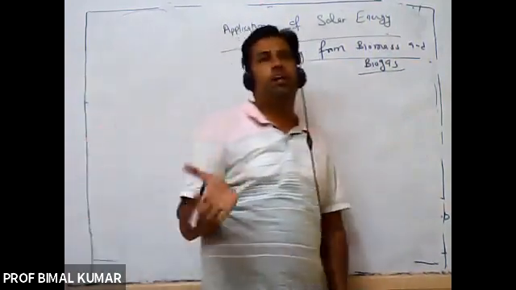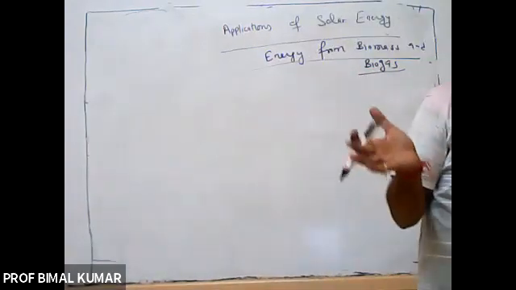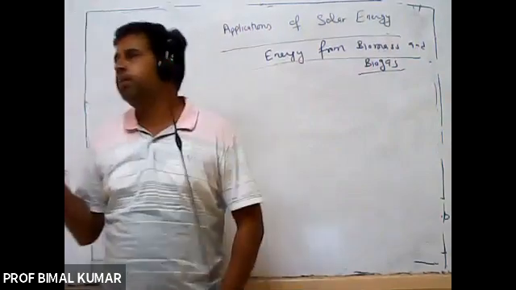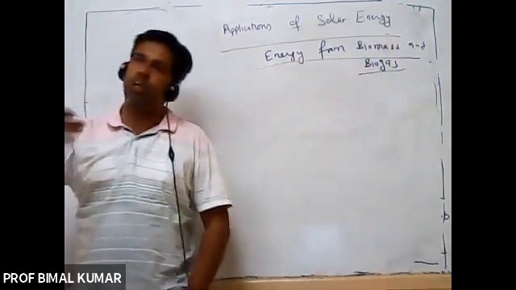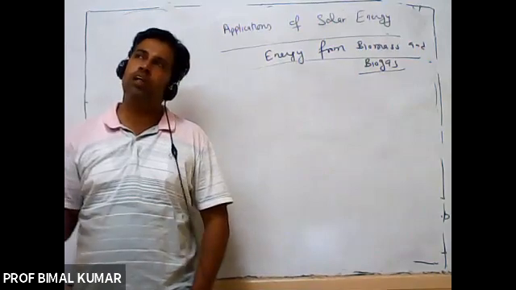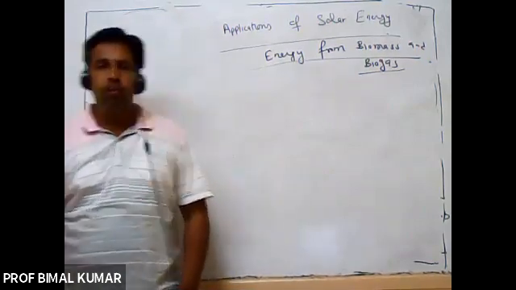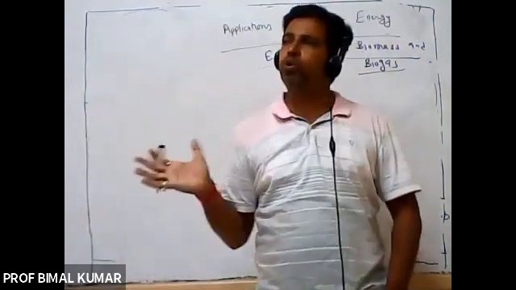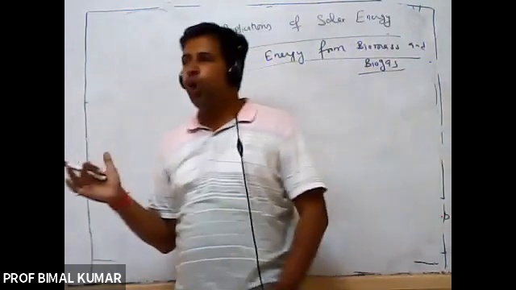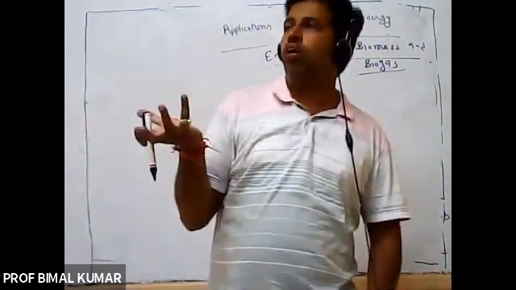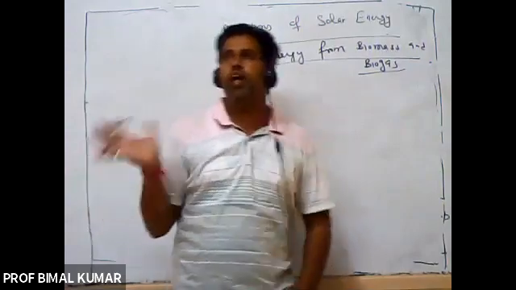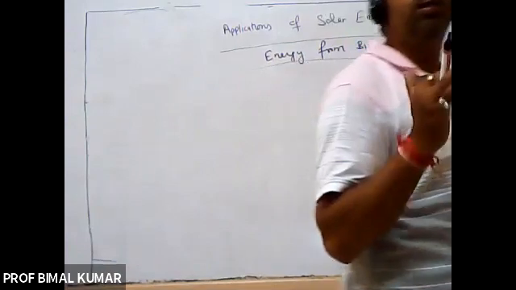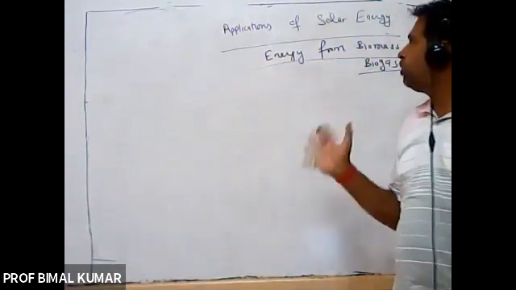That mechanical energy rotates the turbine, which is coupled with an alternator or generator. When the turbine rotates, it causes the production of d phi by dt, and as per Faraday's laws of electromagnetic induction, an EMF is induced across the coil. That is the second category of application.